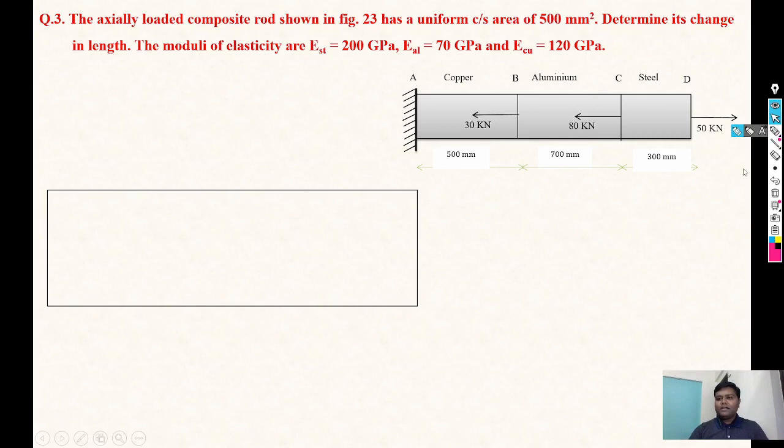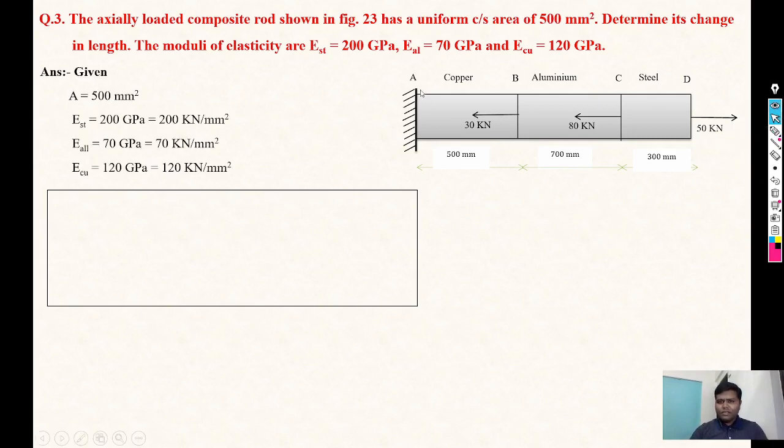See here, a different numerical. The one total bar is given, A, B, C, D, and we can consider three subsections, all having different materials. The first AB section is copper, BC section is aluminum, and CD section is steel.